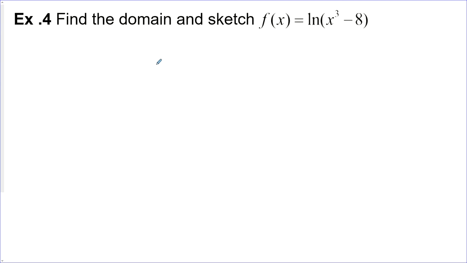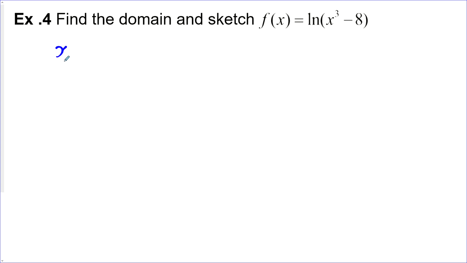We want to find the domain and sketch f of x, which is the natural log of x cubed minus 8. So this isn't quite a review because we didn't put cubics inside a natural log function before, but we can use our knowledge and figure this one out. So first of all, the natural log is just like any log. It needs a positive argument here.